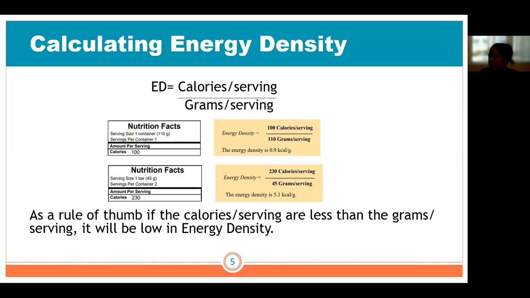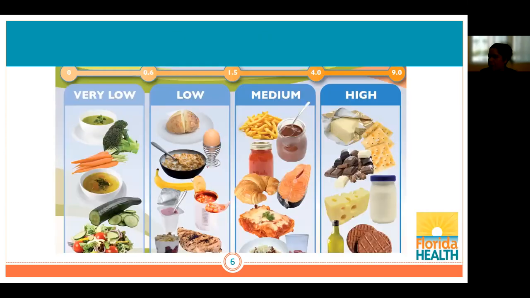All right, here are some examples. This is just a little graphic of what's considered low energy density food compared to high energy density food. Obviously at the very low end, we have our vegetables and soups.